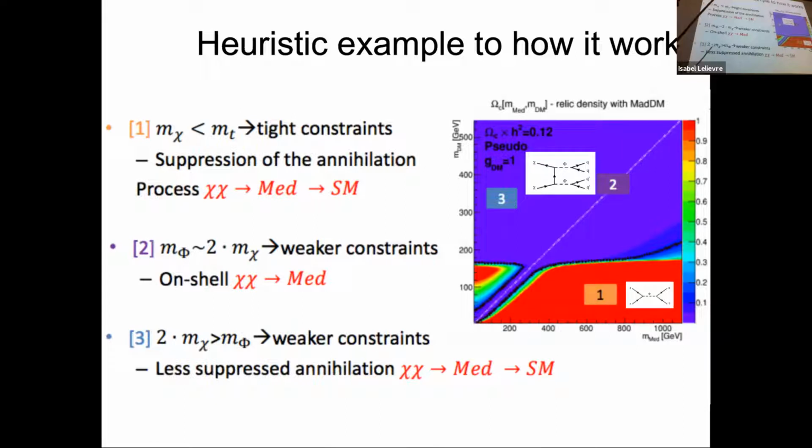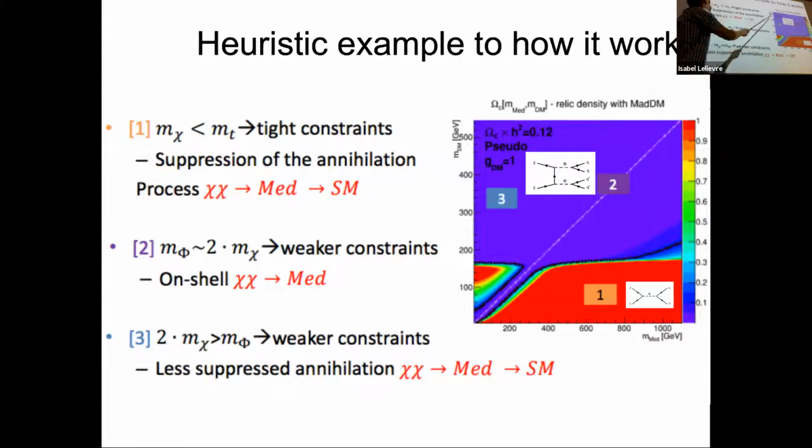And so you can then start scanning, making plots like this. So you have a mediator mass, dark matter mass. Your z-axis is the relic density. The relic density that we care about is 0.12. So it's this thing, like blue color. Can't really see too much in this, but suffice it to say that there are regions with these simplified models where you can't go because you get an overabundance of dark matter.